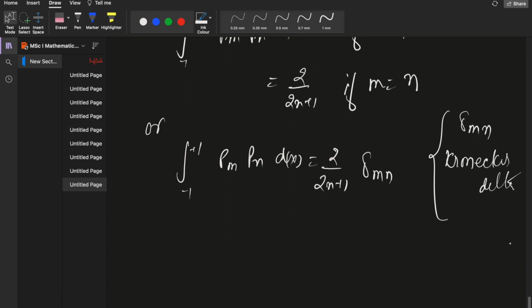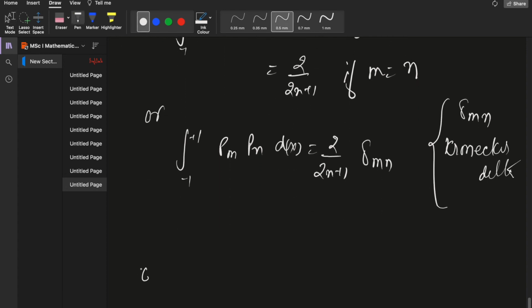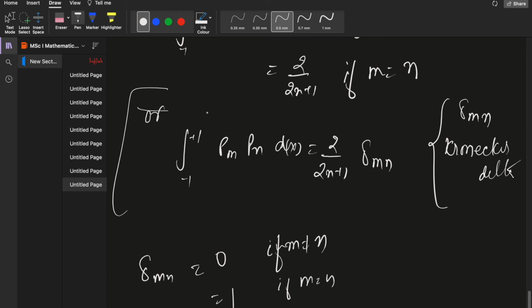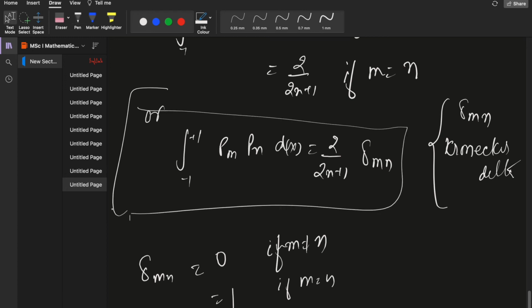Property of Kronecker delta is: delta_mn is 0 if m does not equal n, and 1 if m equals n. So we can write this in the form of Kronecker delta. So this is for today. Thank you.